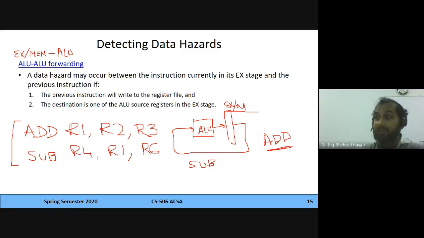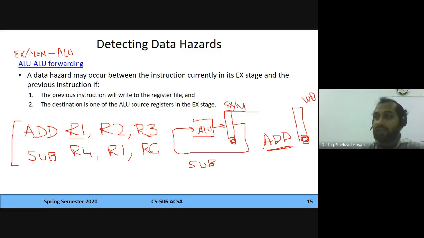Since in the memory stage, the next stage would be the write back stage, and in the write back stage, the add is going to write the data in the R1 register. So this means that the code of R1 is going along with add, because it would eventually be used in the write back stage. So that code is also over here in the pipeline register, and it's also going to be over here in this pipeline register. But then there should be some convention to address this code, to name this code.